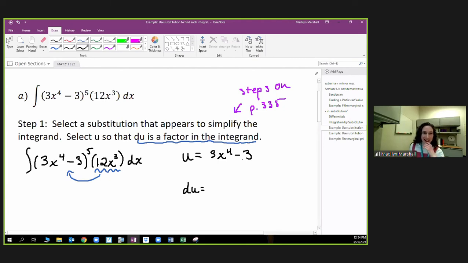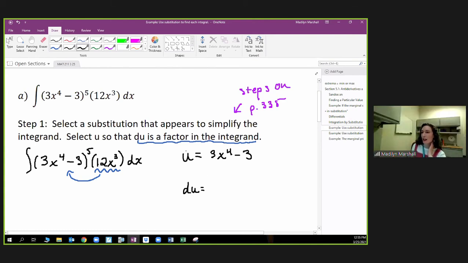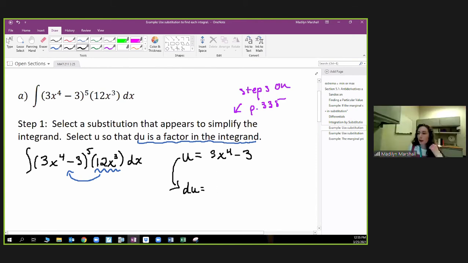But yes, the u is going to be the interior function. And the way we check to make sure we have a good u is to find that differential. So ignoring the integral for a second, we just want to find du based on the u that we just found. So if u is 3x to the fourth minus 3, du is 12x cubed dx.